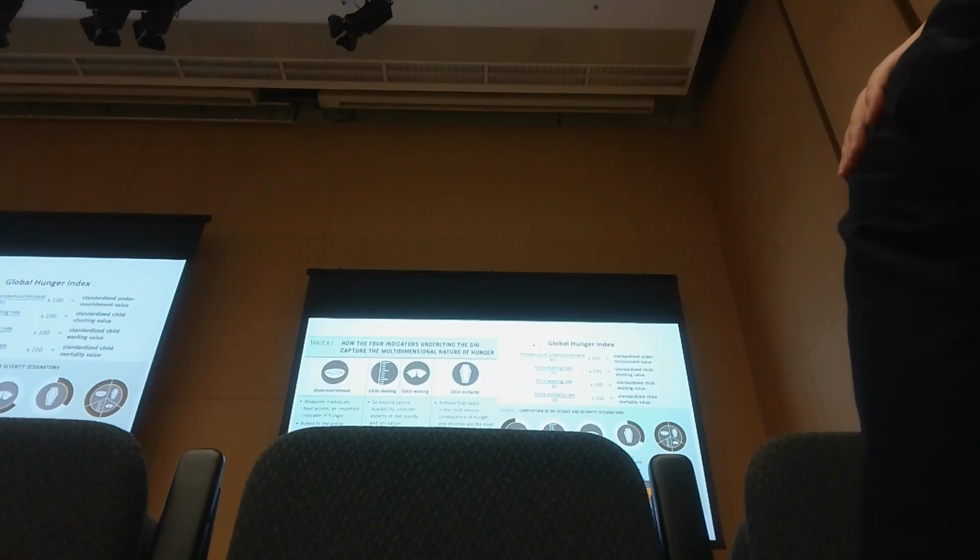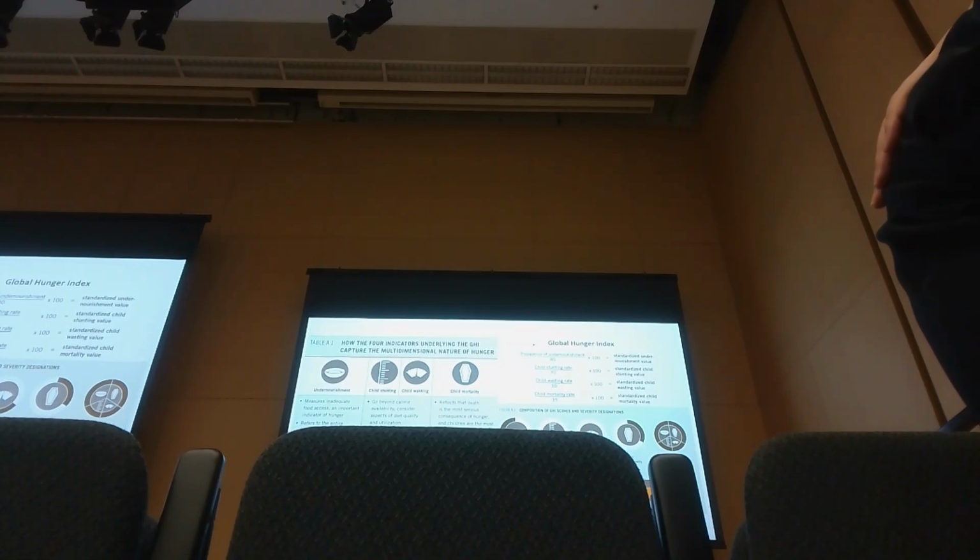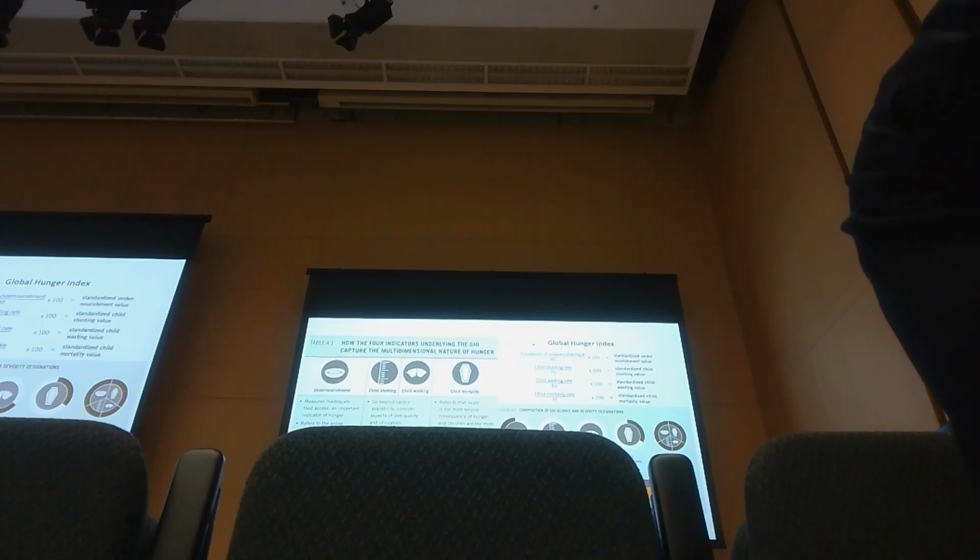But if we have a high level, like over 50, we think you have an extremely alarming score. So if we know the rate of prevalence, and the rates of stunting, wasting, and mortality, we can put those rates into one single factor, then compare different regions, and also have an overall estimate of the global hunger. So that is the overall estimate of the severity of hunger in that specific region.